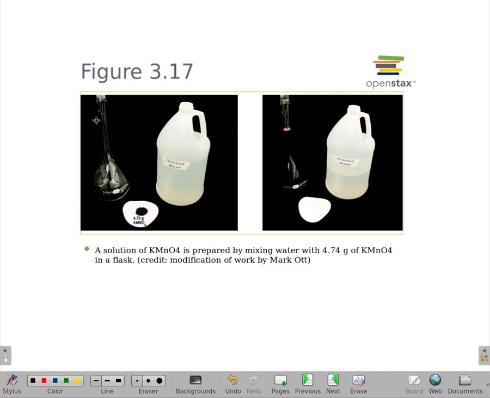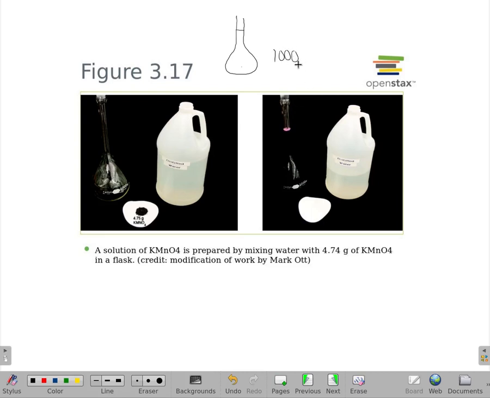And on all these, and you can't see it on either one of these pictures, at the very top of any volumetric flask is just a single line. It's not a multiple of lines, it's a single line. And if that line has been put on there properly and properly calibrated, you see how this says 1,000 on the side? You might not be able to see it, but it does say 1,000 milliliters.